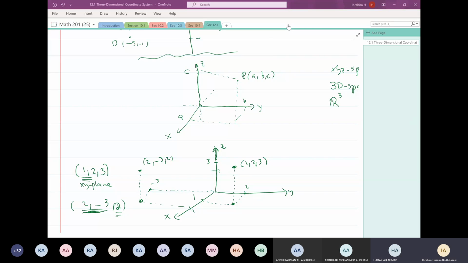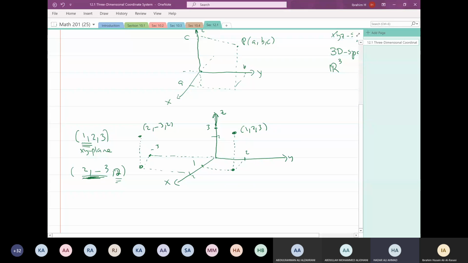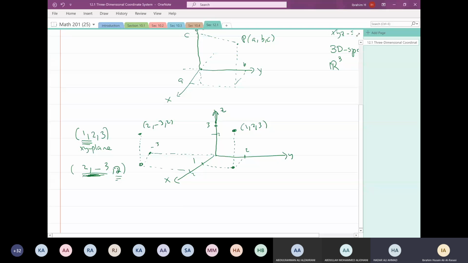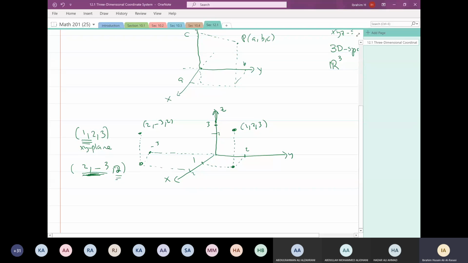Yes, but there is a question about why we flipped the x and y. The xy plane had x on the right and y up. Now y is to the right and x up. Again, can you just repeat your question, please? In the xy plane, x was to the right and y up. Okay. Now y is to the right, the opposite. It is a convention. It doesn't really matter.